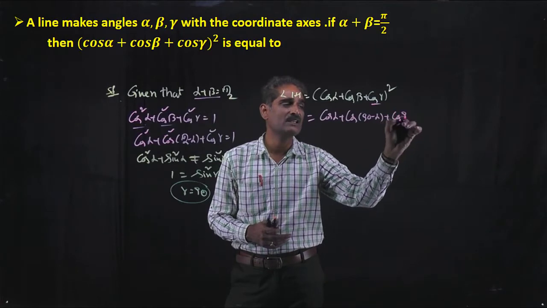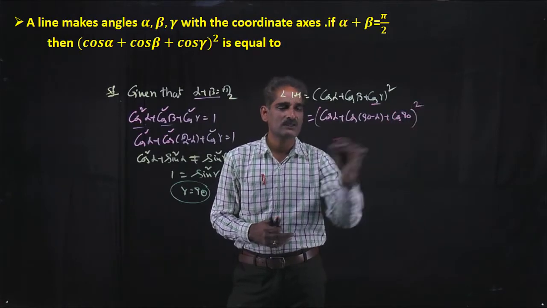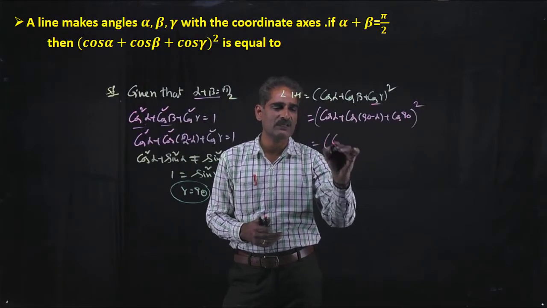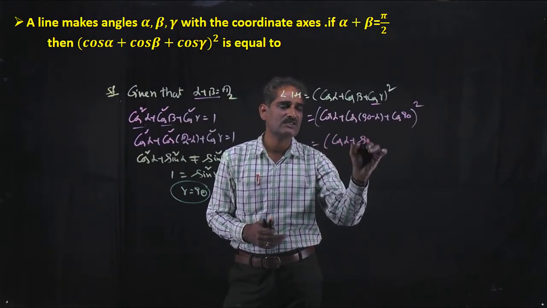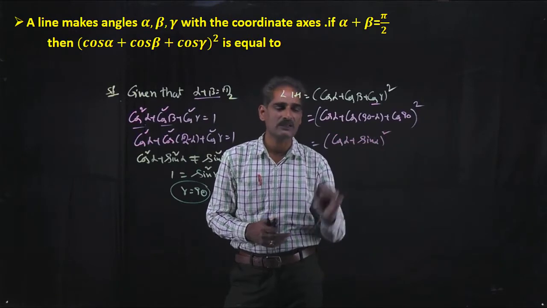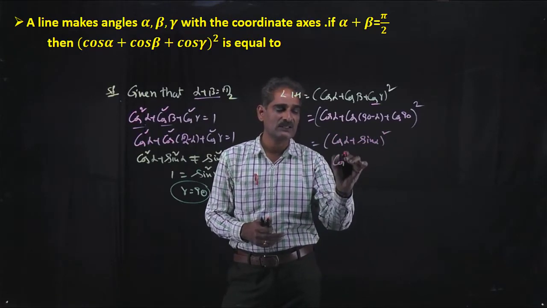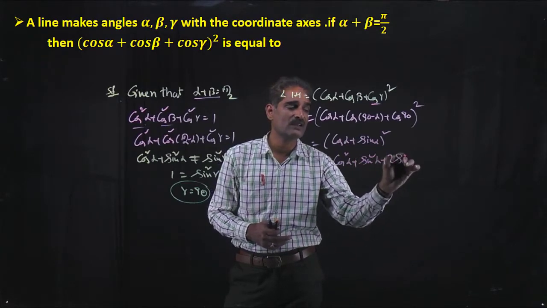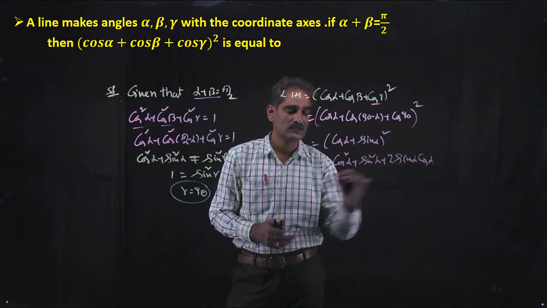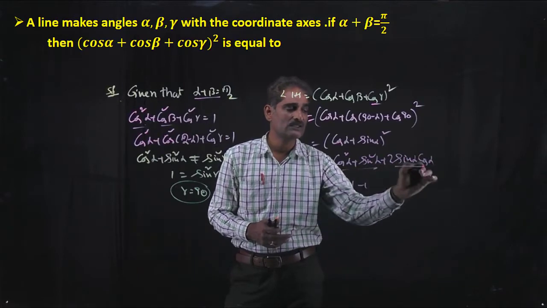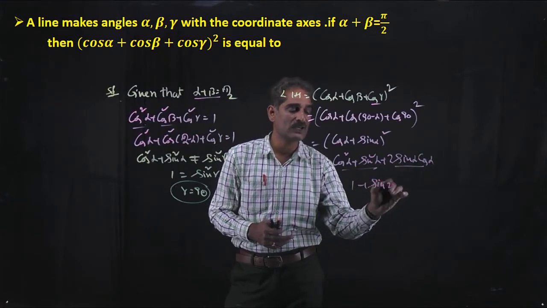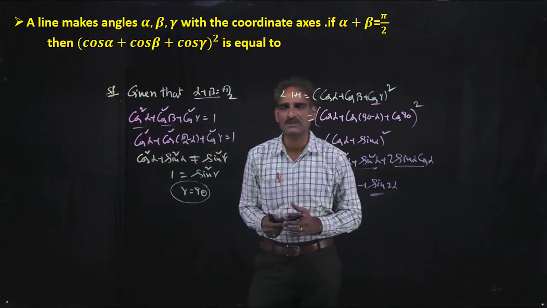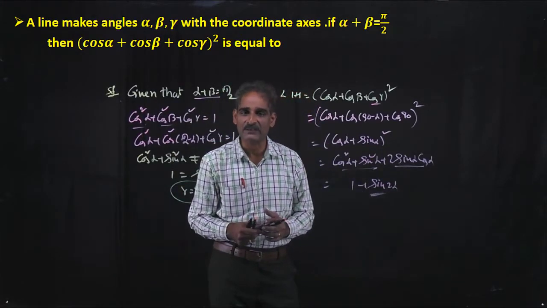Cos 90 is 0, and cos of 90 minus alpha equals sin alpha. So cos alpha plus sin alpha, whole square, is nothing but cos square alpha plus sin square alpha plus 2 sin alpha cos alpha. This is 1 plus sin 2 alpha. This is the value of the expression cos alpha plus cos beta plus cos gamma, whole square.